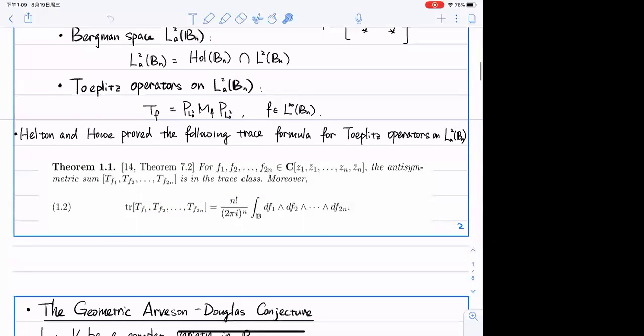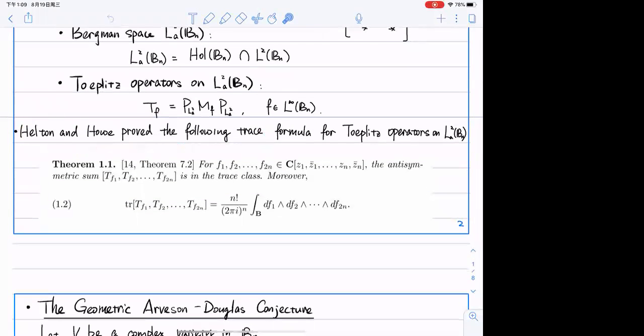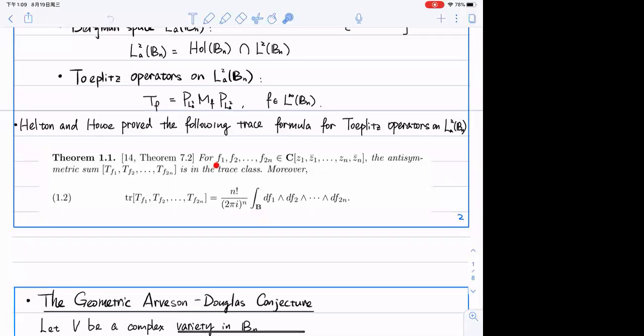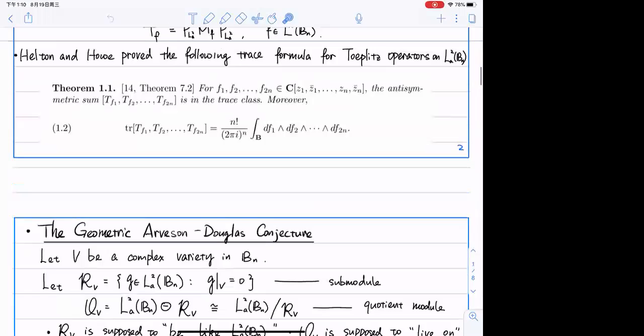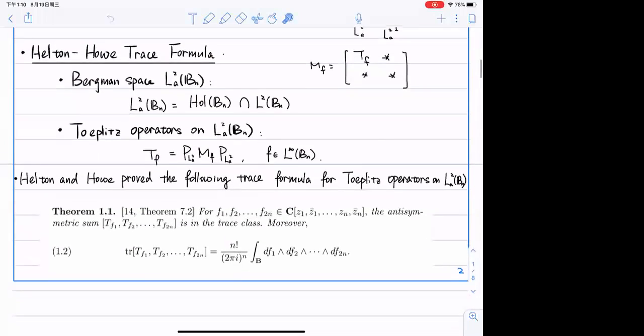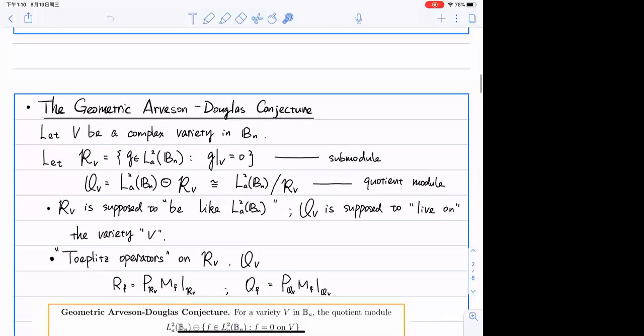What they prove is that if you look at Toeplitz operators with polynomial symbols, not necessarily analytic polynomials, just any polynomial, you have this integration formula for the trace of this anti-symmetric sum. So that's the Helton-Howe trace formula, the traditional one.